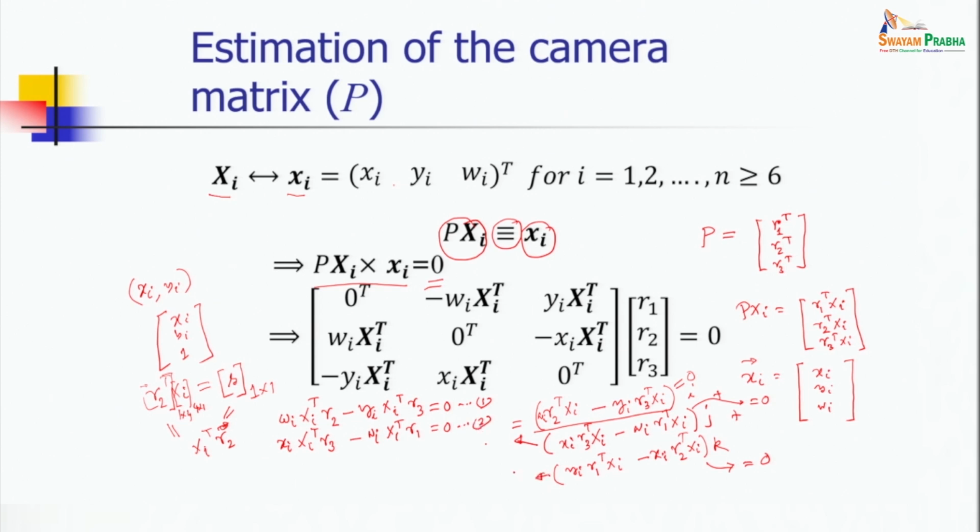Then the third equation I will be writing: yi xi transpose R1 minus xi transpose R2 equal to 0. Once again, I use the other convention for convenience of representing them in a matrix form.